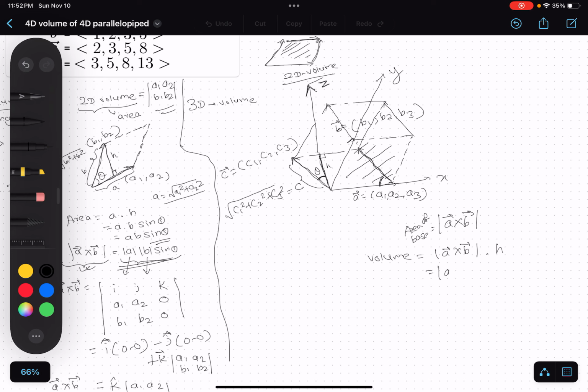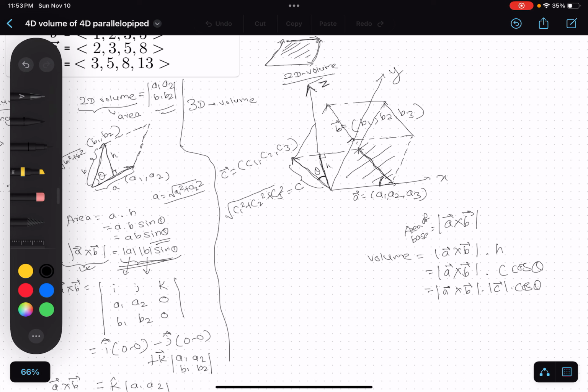So our volume will just be the a vector cross b vector times c cos theta. Now notice that over here we have the magnitude of a cross b and the magnitude of the c vector times cos theta, right?